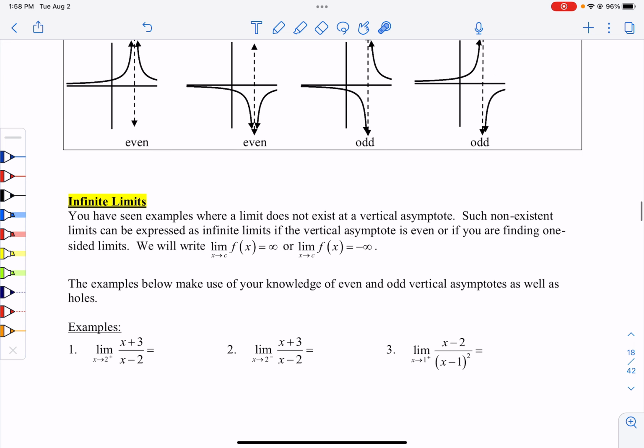Okay, so what we're considering today, first we're going to talk about infinite limits. Now, you've seen examples where a limit does not exist at these vertical asymptotes. Now, these limits can be expressed as infinite limits if the vertical asymptote is even, or if you're finding a one-sided limit. So what we've done in the past is you're given a limit to find, and the first thing you try to do is direct substitution.